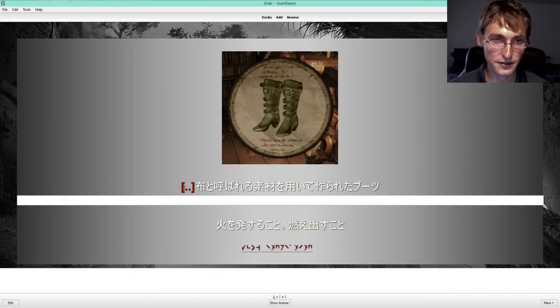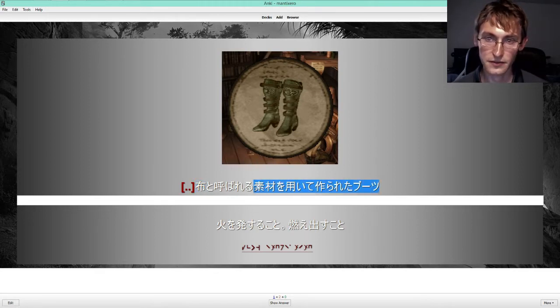So, alright, two-character answer. 布と呼ばれる素材を用いて作られたブーツ. It's made of some sort of material called something something fabric.